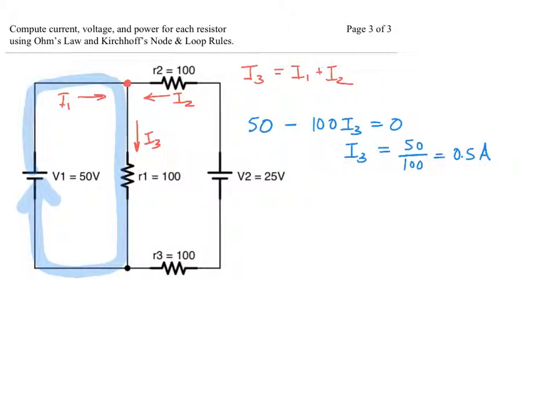So right off the bat, we get current 3. Now we can take this other loop, come out of this battery, and go through all these other ones, and so one of the currents is known.